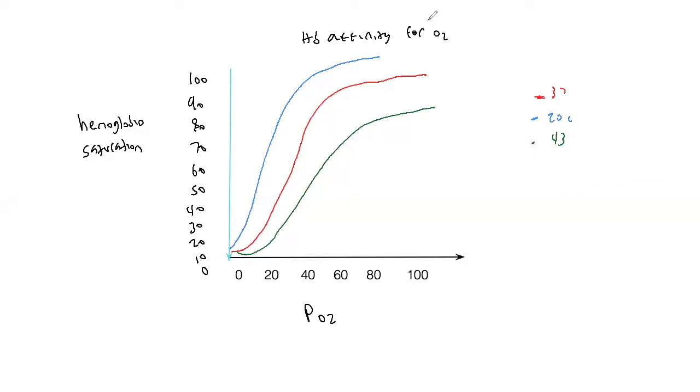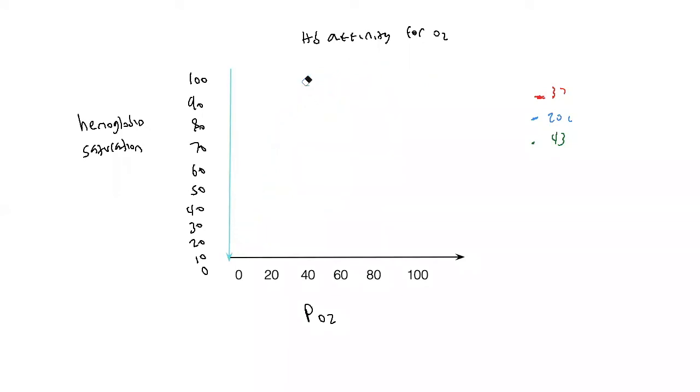Next is going to be the partial pressures of CO2. And CO2, as we'll find out, is actually the largest determinant of rate of respiration as well. So we are going to have our baseline is going to be red.